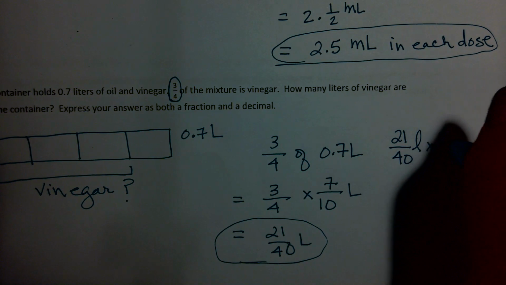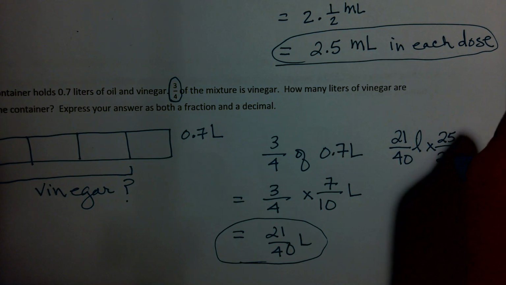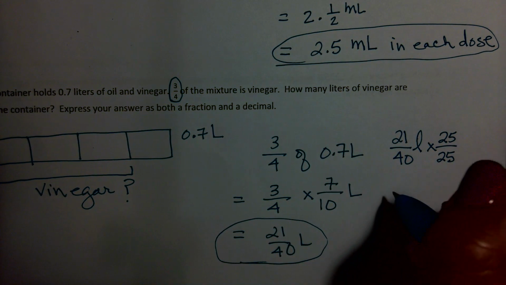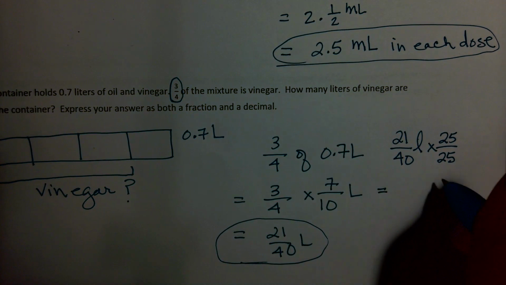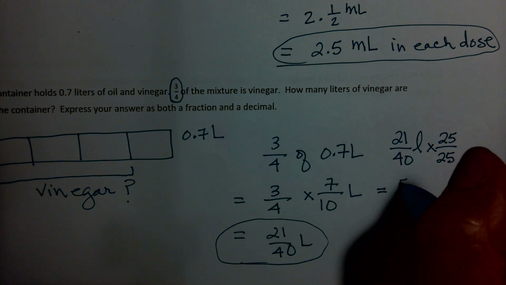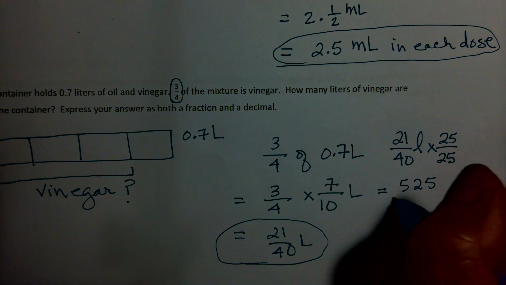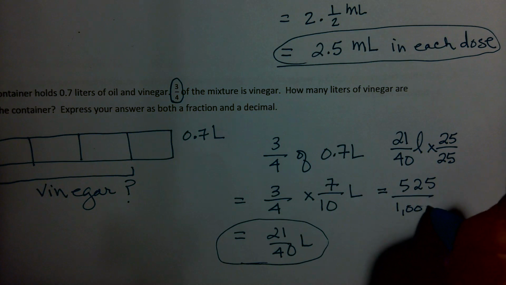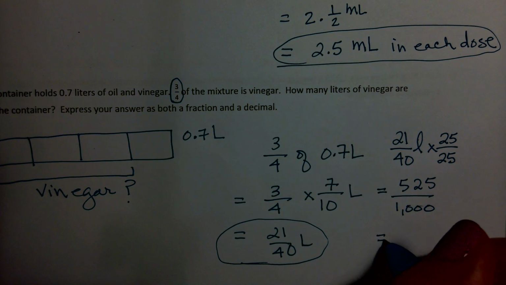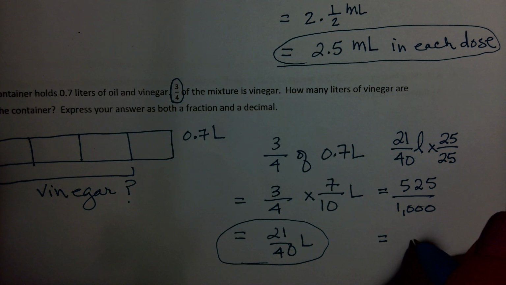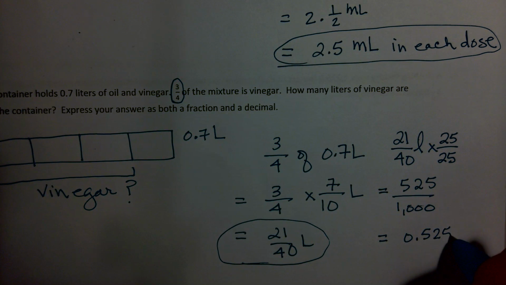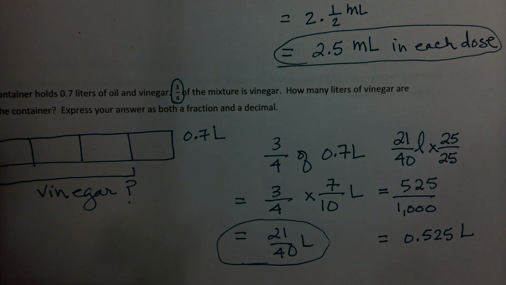How about if we multiply 25 over 25, and we're going to end up getting 525 over 1,000, which relates to 0.525 of a liter, right?